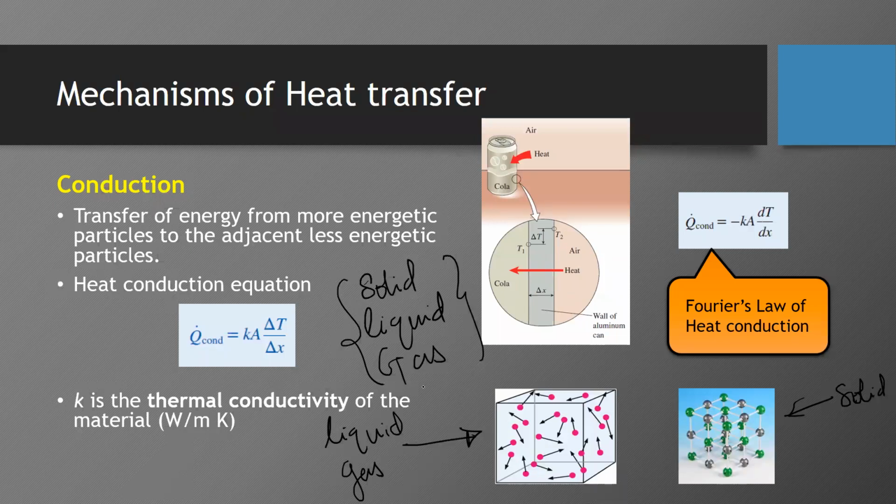So when you take the conduction process in liquid and gas, from high energetic particle to low energetic particle, when they are moving here and there, they are hitting each other. Because of that phenomenon, this heat conduction happens.